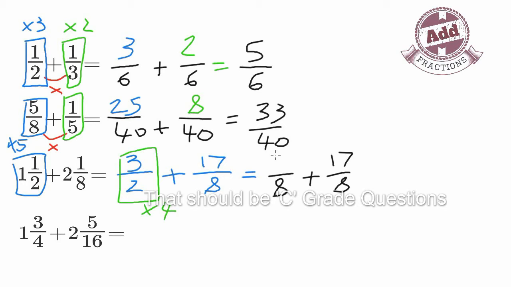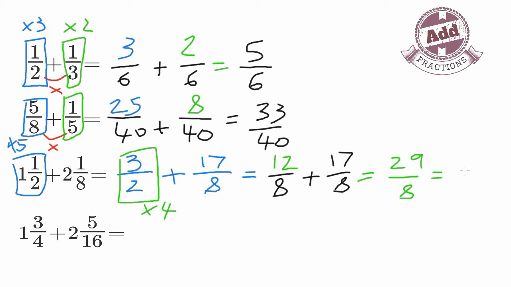So 3 times 4 is 12. So then all we need to do is add across the top. So that's 29 out of 8. So we'll write this as a mixed number fraction. How many 8's go into 29? That's 3. That makes 24. And then we'll have 5 left over.